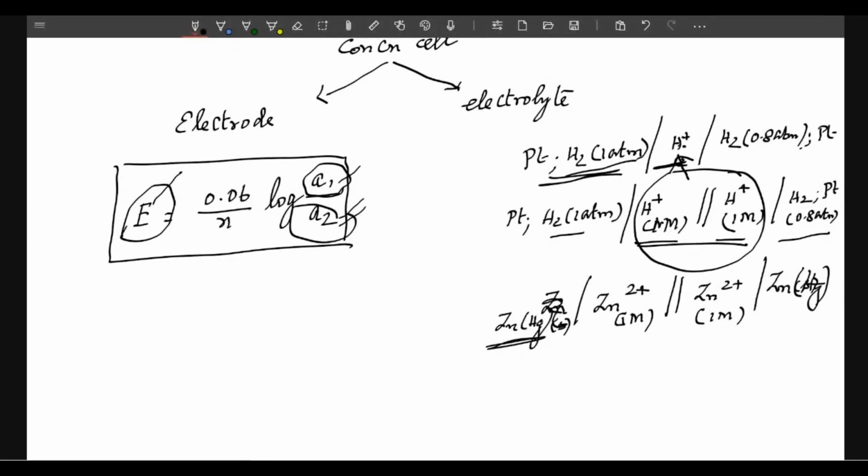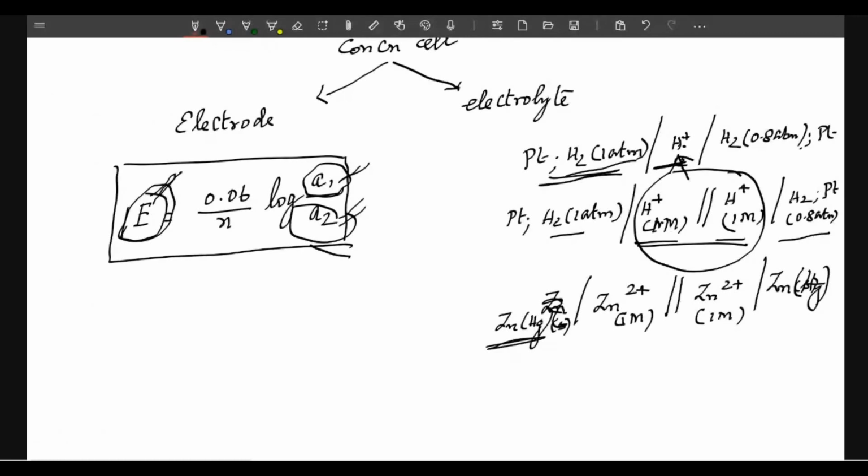In the extreme case, without giving the representation or any equation, they would give the concentration cell EMF, the activity of the anode, the activity of the cathode. If these three data are given, they would ask you to calculate.